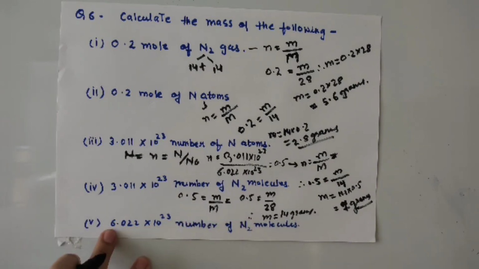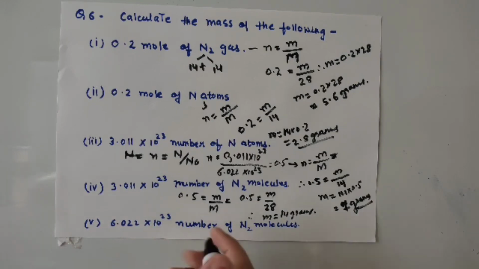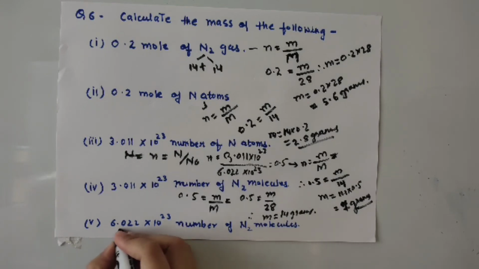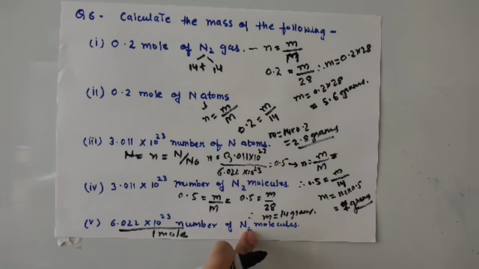It means instead of 6.022 into 10 to the power 23, we can write 1 mole of N2. Instead of this number we can write 1 mole, right? So here we can say that this is 1 mole. For 1 mole we have to calculate the mass of N2.